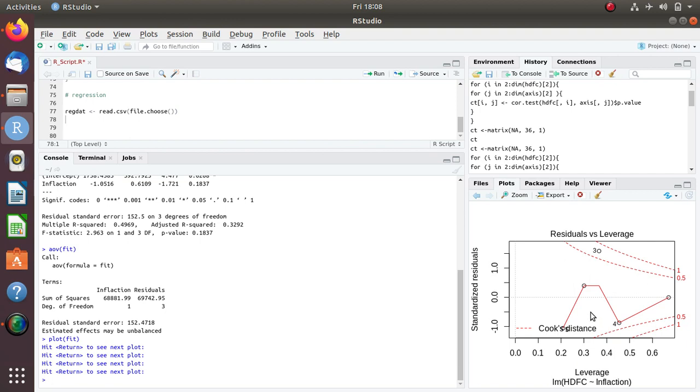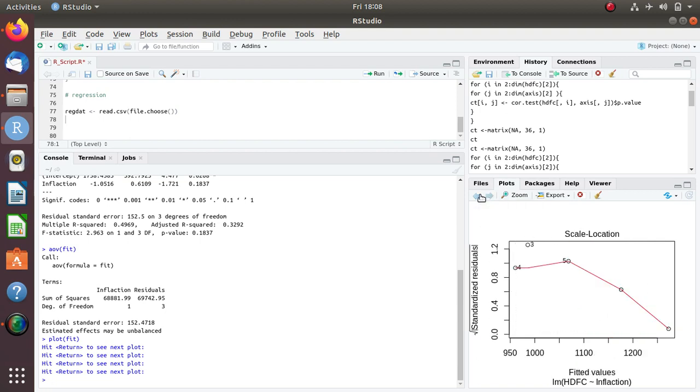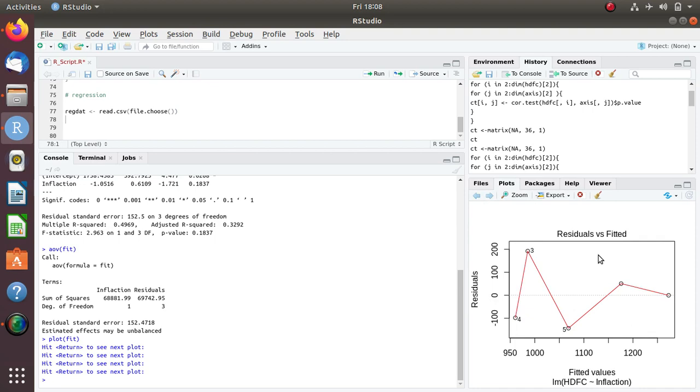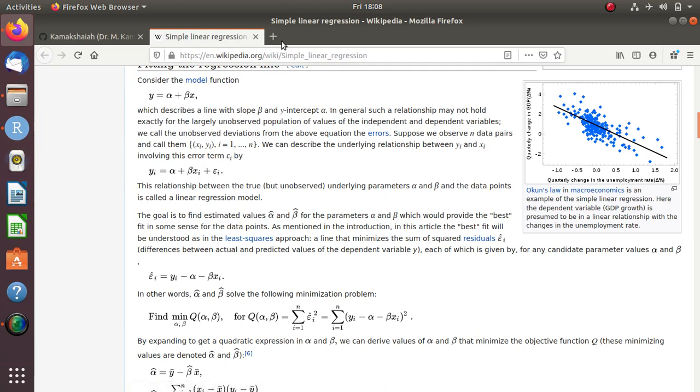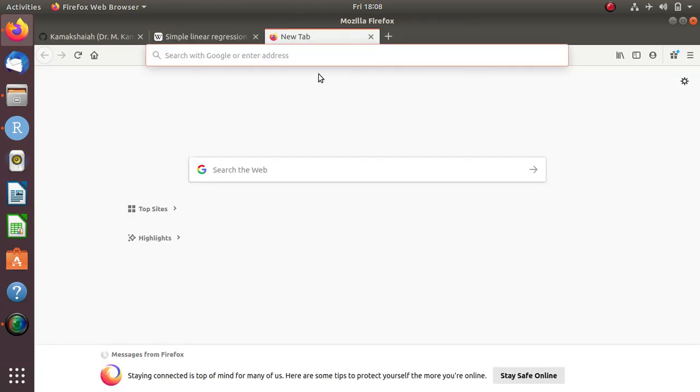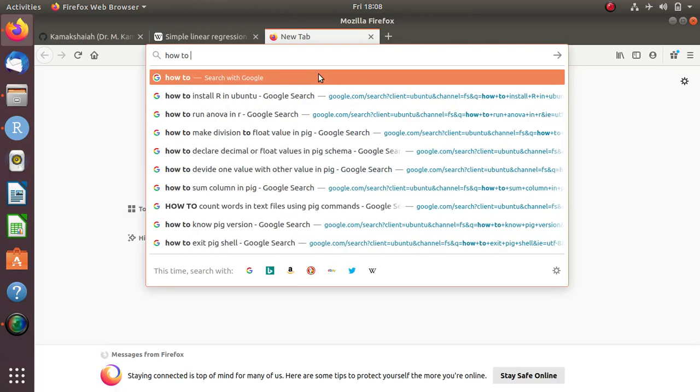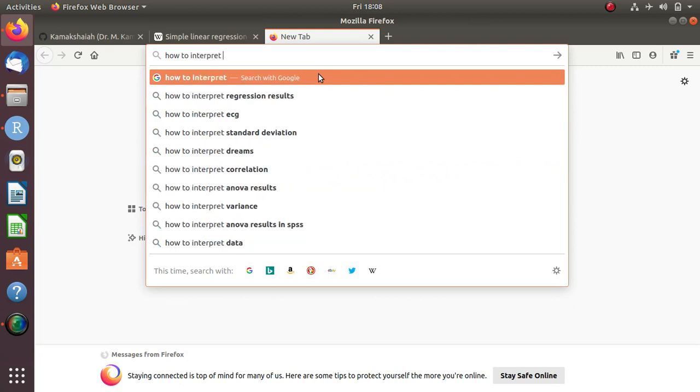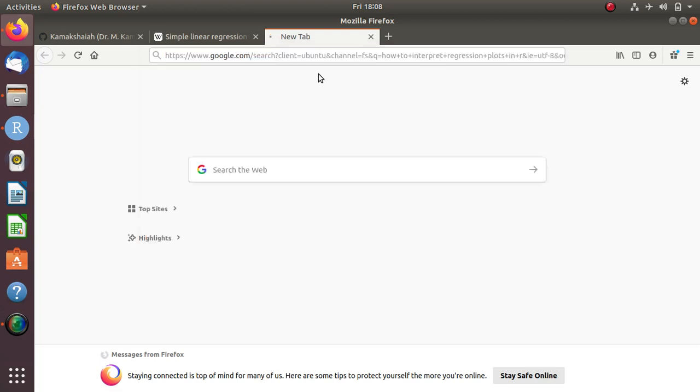I need a little bit more time to explain each and every graph of this. Okay, but I don't think I have sufficient time. Okay, let me take you online and show you how to interpret regression plots in R.